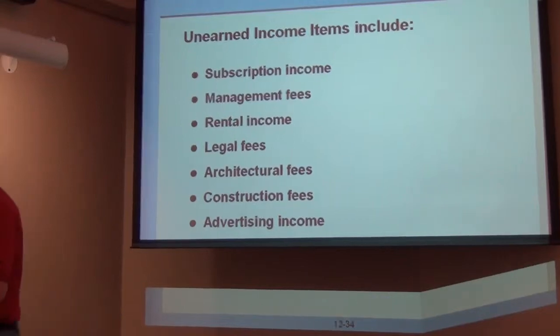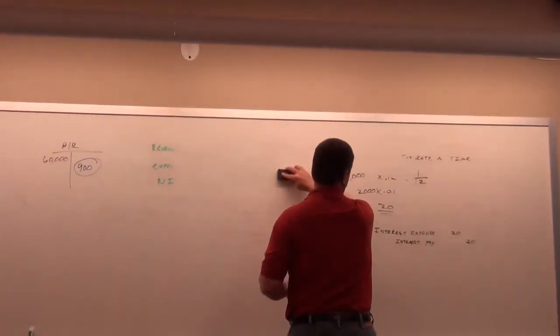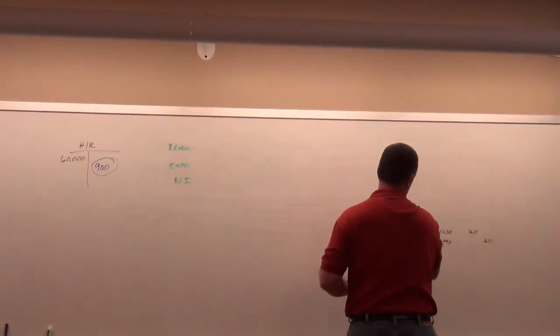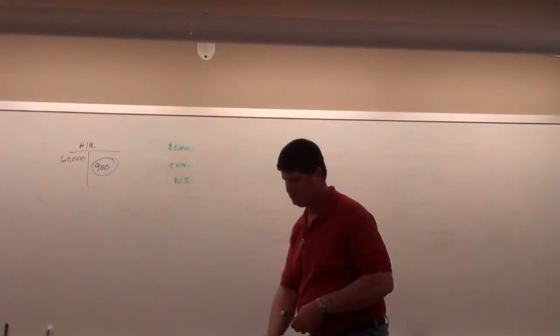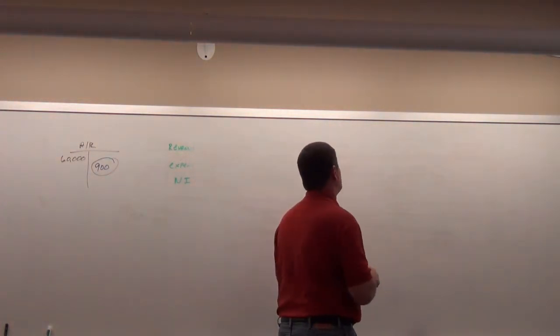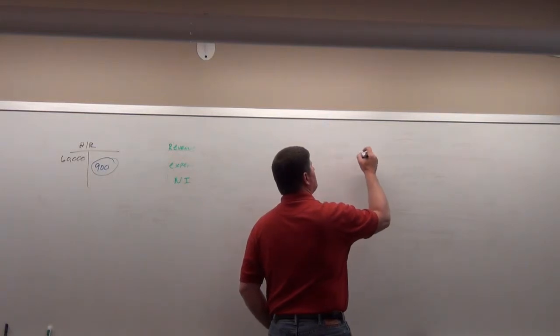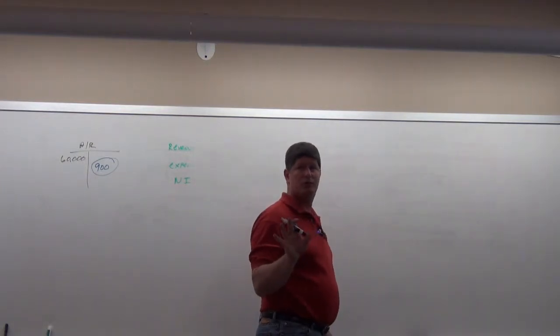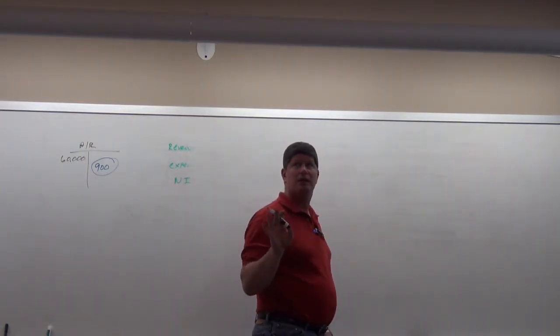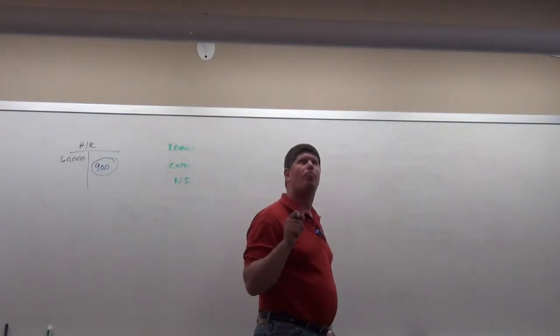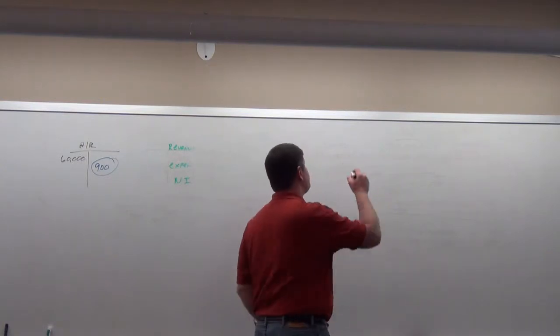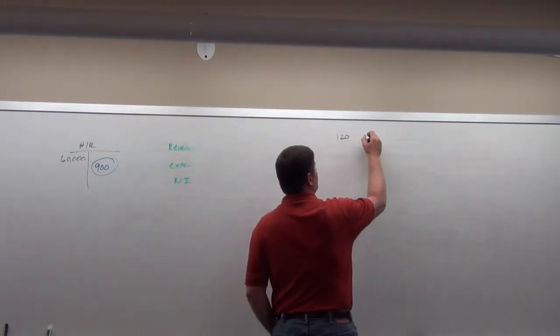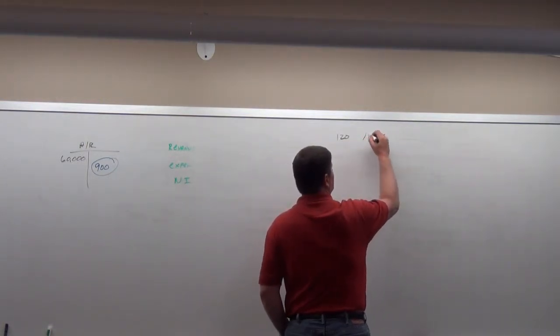I want to throw an example up here on the board. Magazine subscription, right? And we're going to make the numbers easy. It's $120 for 12 months of People magazine.